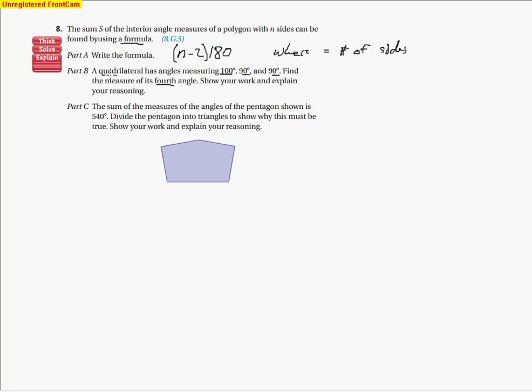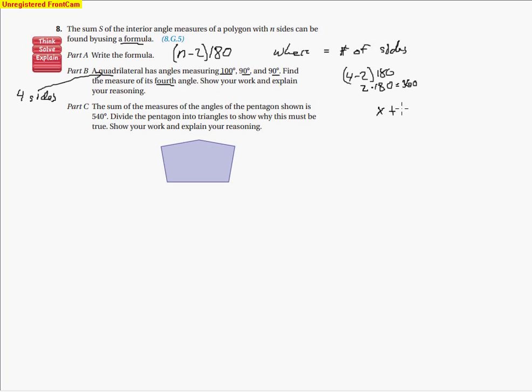Quadrilateral means 4 sides. So quad means 4 sides, and so we know that a quadrilateral, 4 minus 2 times 180. 2 times 180 makes 360. That's why a quadrilateral has 360 degrees for the sum of all the angles. So what we need to do is we want to find that missing angle.